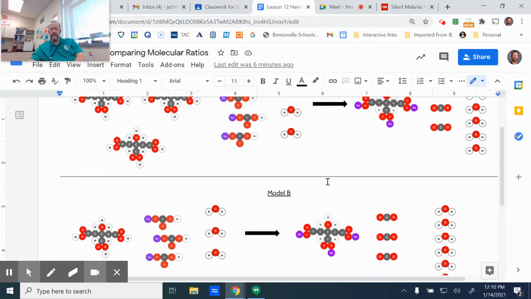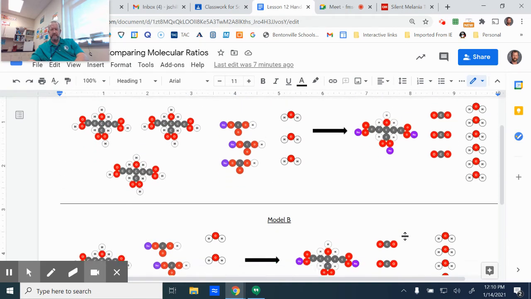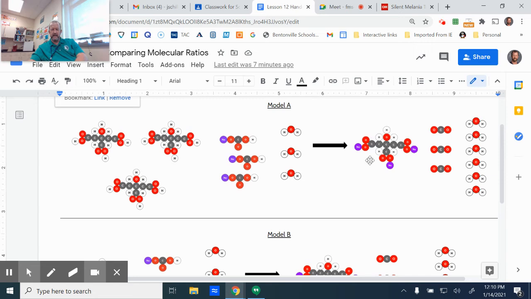So what I have on this side, I have the same number of waters, the same number of carbon dioxides, and the same number of sodium citrate on this side. However, on this side, one has more citric acid than the other.